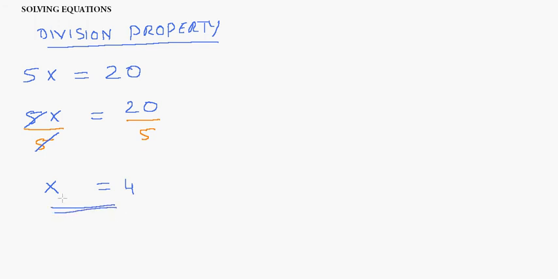Therefore we got the value of x equals 4, which satisfies the original equation 5x equals 20. You can substitute the value of x to see if that works. 5 times 4 equals 20 is a true equation.